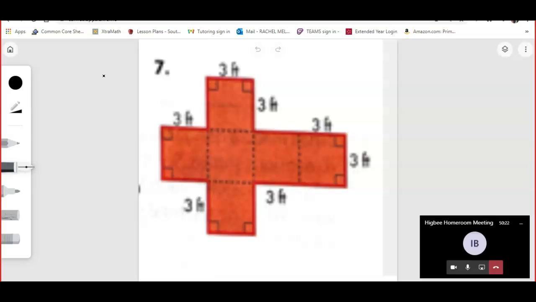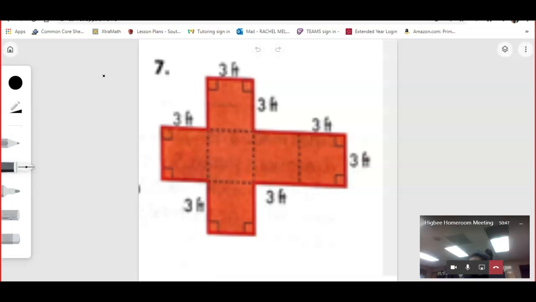That's a lot of squares. It is. About 30 seconds.